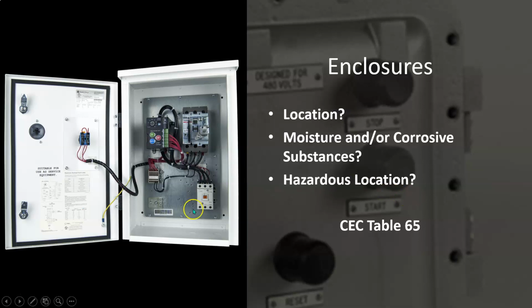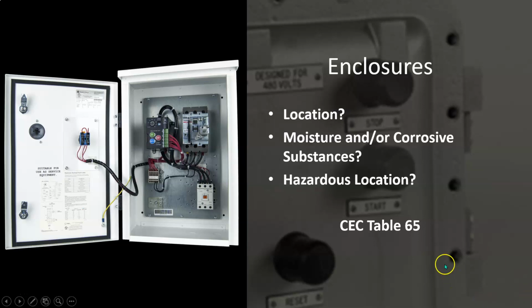Is it a hazardous location? So you have to take all the information you know about the location and the environment that enclosure is going to be in, and you have to take it to table 65 to figure out what type of enclosure you need for your motor starter, or in that case, any enclosure for anything, right?